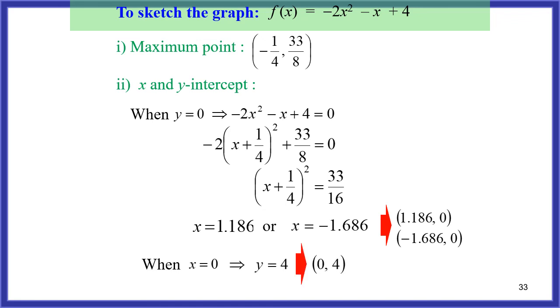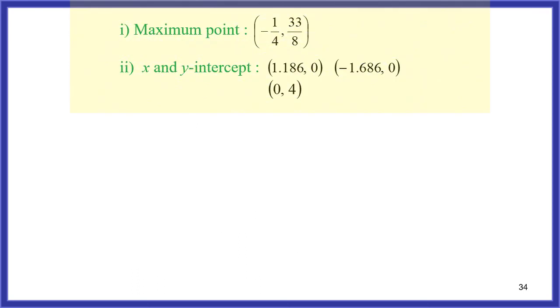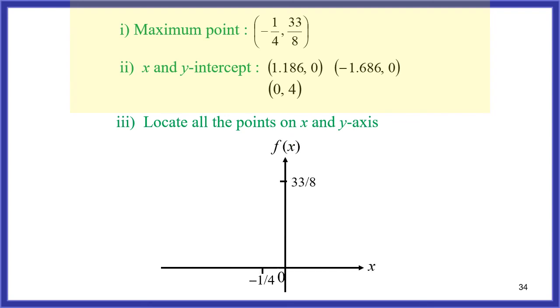So we locate all these 4 points. Now we need to locate all the points on the x and y axes: the maximum point, the x-intercepts, and the y-intercept, and we know the basic shape is a sad shape. So connect all the points on the graph. So we have this sad graph for this quadratic.